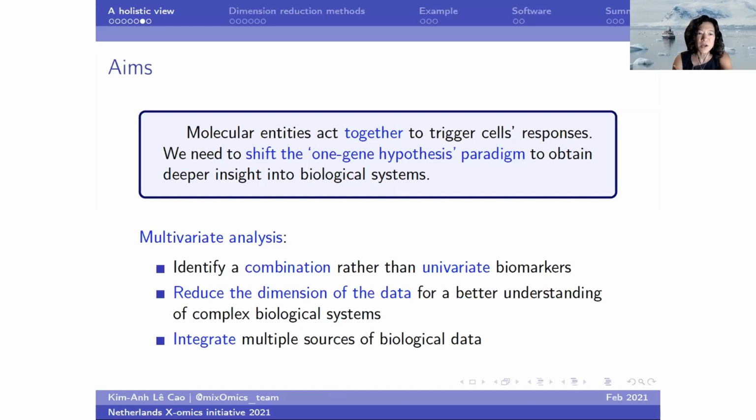Those methods are also helpful to reduce the dimension of the data, and so they give us more insight into what is happening in the biological system. You will also see that they are amenable to data integration, or the integration of different data sets that are measured on the same individuals.